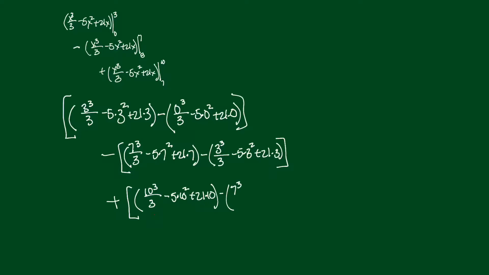So I'll get 7 cubed over 3 minus 5 times 7 squared plus 21 times 7. Okay, we got them all.